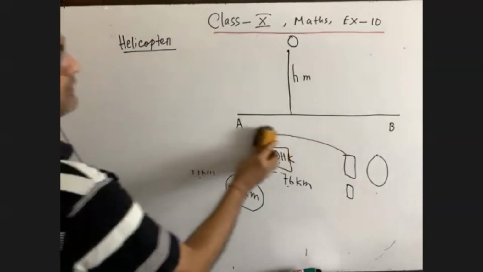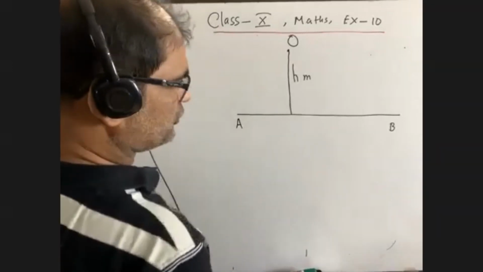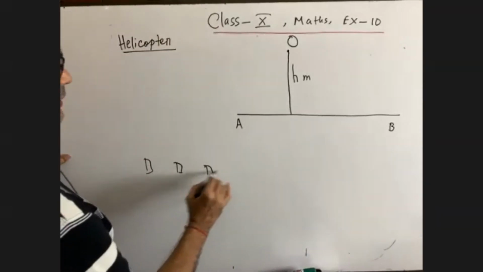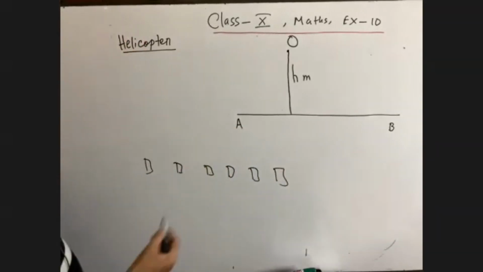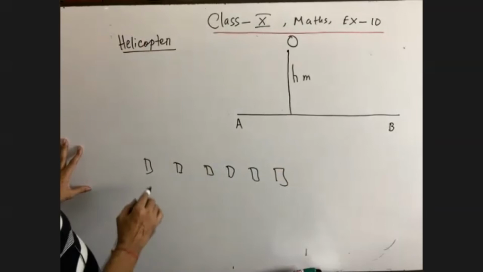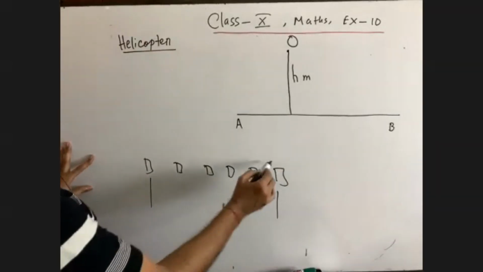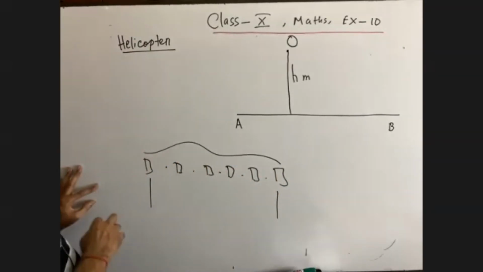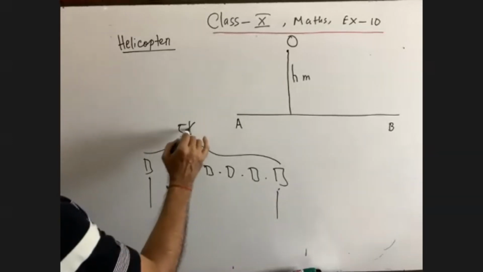Suppose there are too many posts, and I consider this and this, the distance between them may be 1, 2, 3, 4, 5 kilometers.